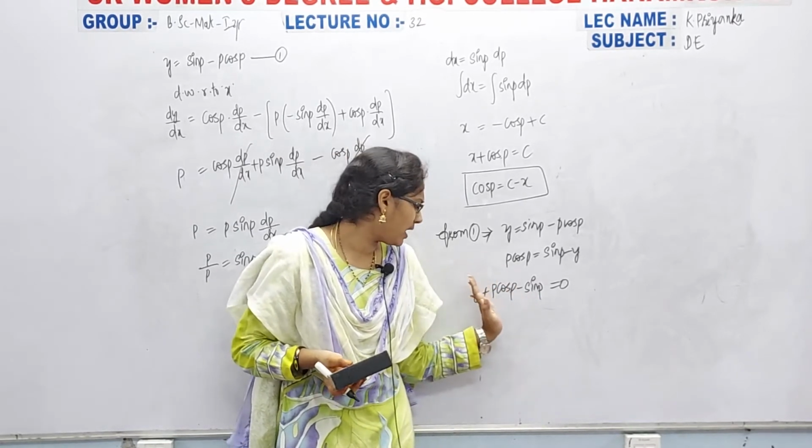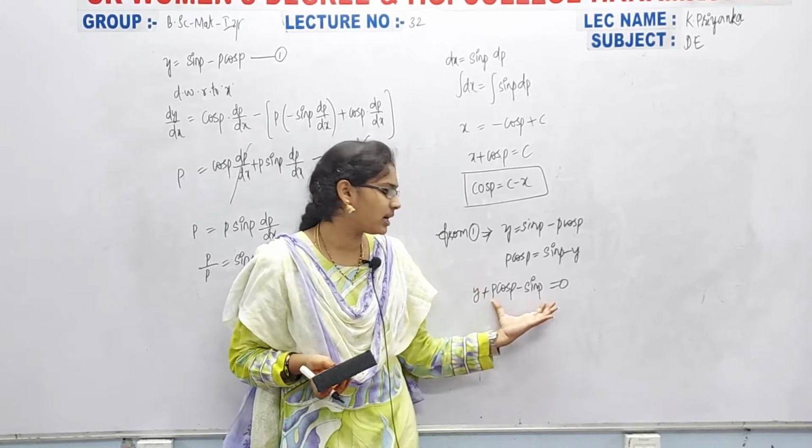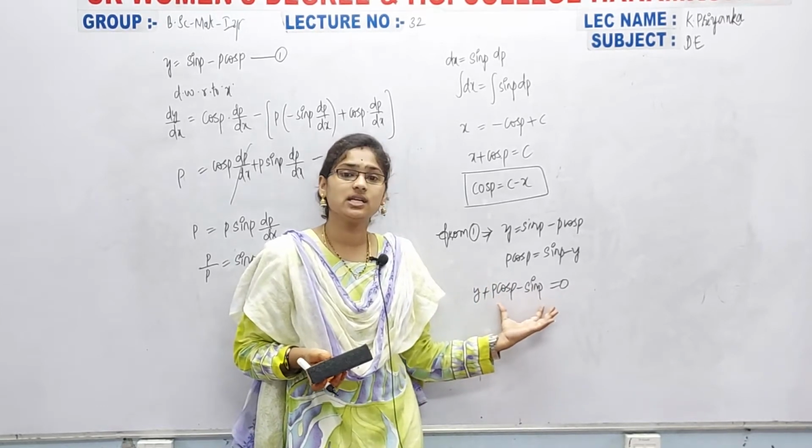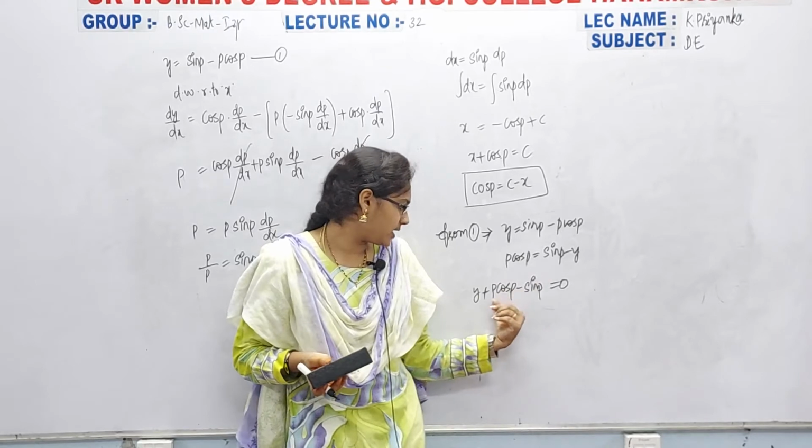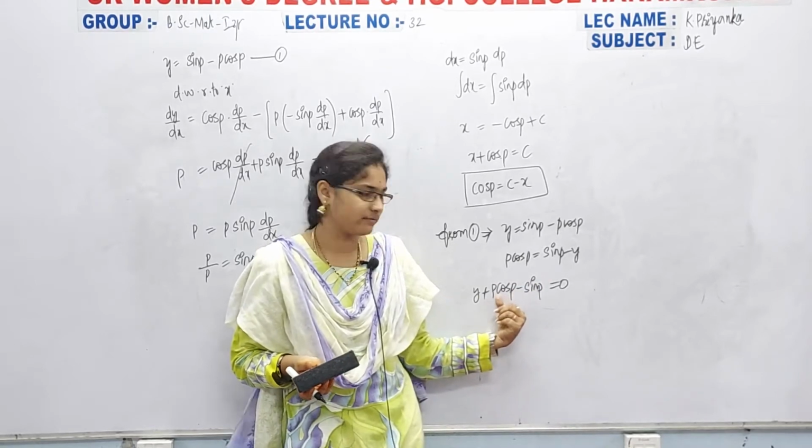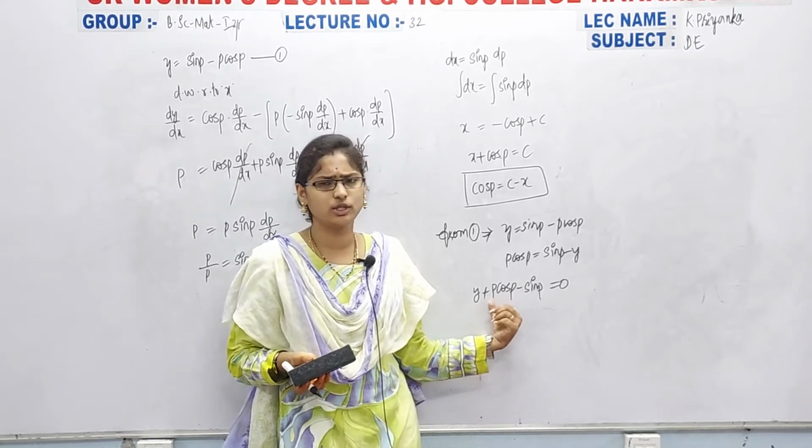Here I have the P term, and I have P into cos P. If I only had that, there would be no problem.